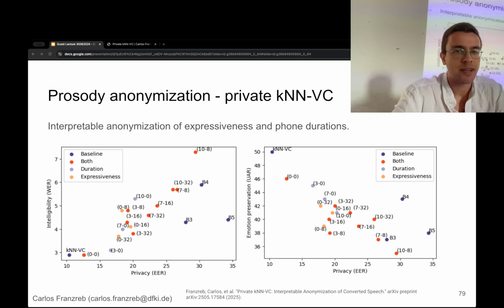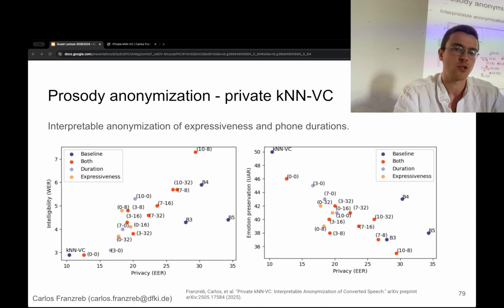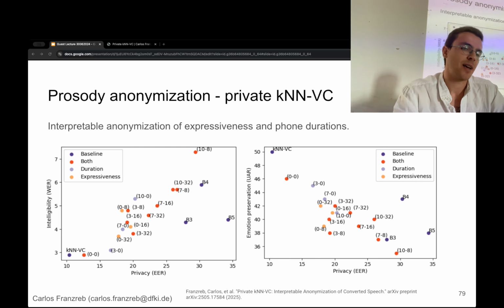Yes, and here are the results. Same also voice privacy challenge 24, privacy against intelligibility, and privacy against emotion preservation on the right. And you can see that anonymizing any of these two factors leads to better privacy, but degrades utility. And you can also combine the anonymization of these two factors for an improved privacy.